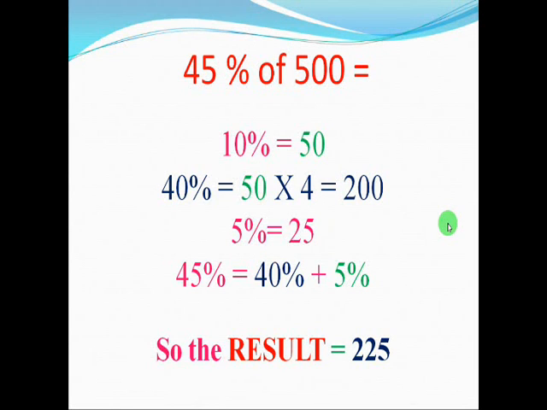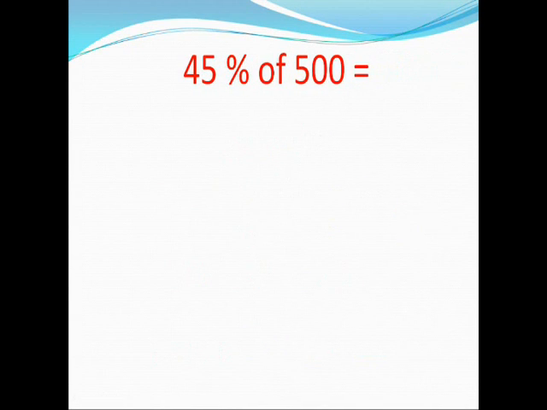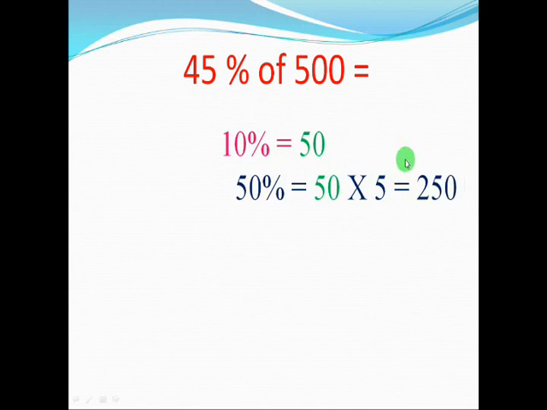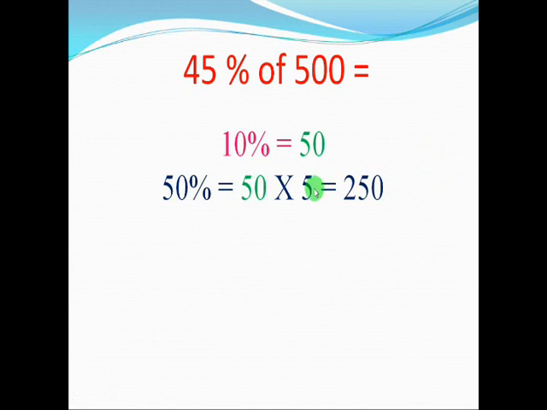Let's see the same problem with the fast method. Instead of calculating 40%, we can directly calculate 50%. As 10% equals 50, then 50% is 5 into 50, which is 250.